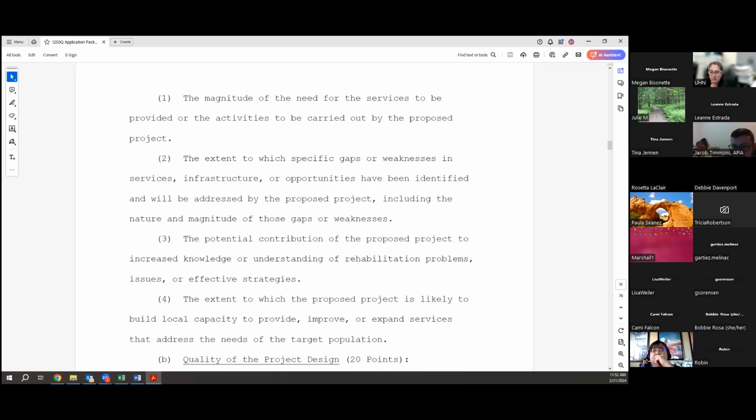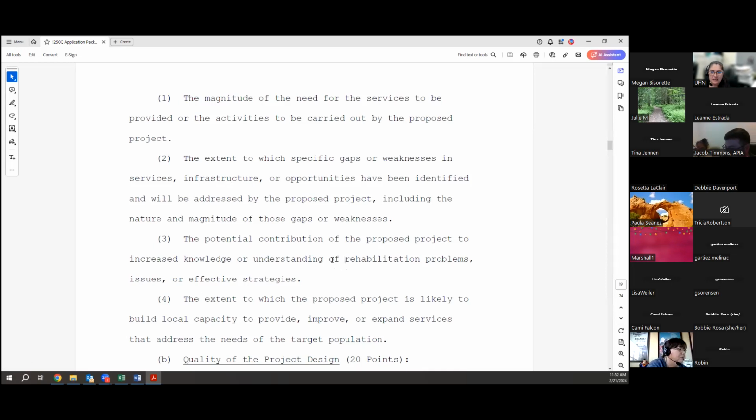Also, the extent to which the proposed project is to build local capacity to provide, improve, or expand services that address the needs of the target population. So what and how are you able to do that? And again, as existing programs, we're in a unique position to be able to talk about what we've already done and how we may look at improving some of those things.